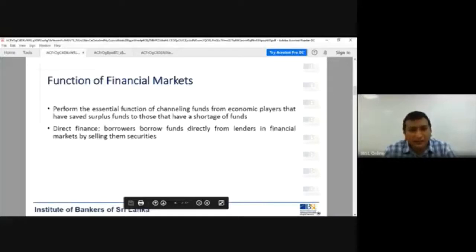It's a marketplace that facilitates excess units to transact, if not exchange, the excess assets to shortage entities through the creation of financial assets.